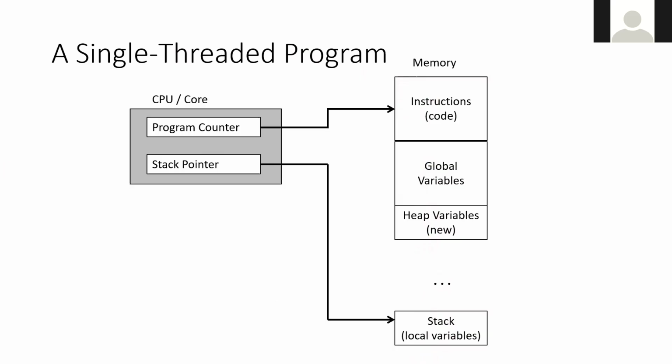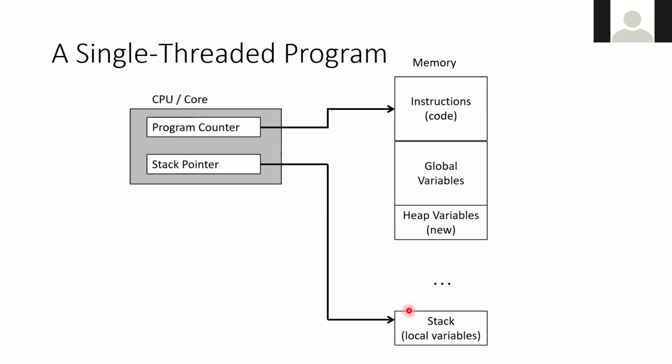This is for a single-threaded program. The program counter points to wherever you're executing in the instructions. The stack pointer points to the end of the stack here, and it grows up or down depending on your freeing, your function calling, and everything else.